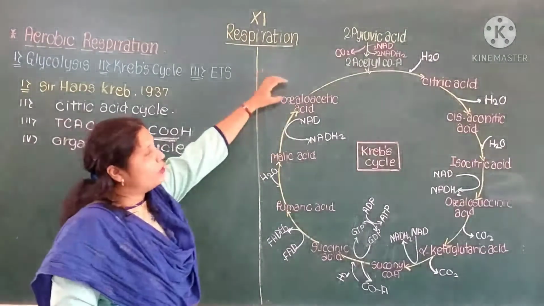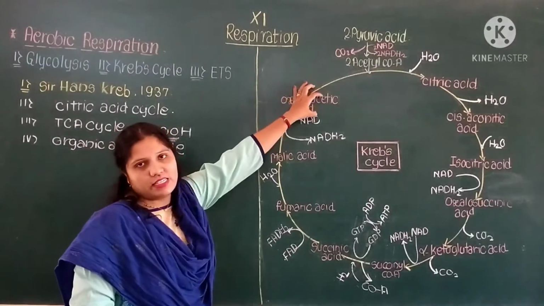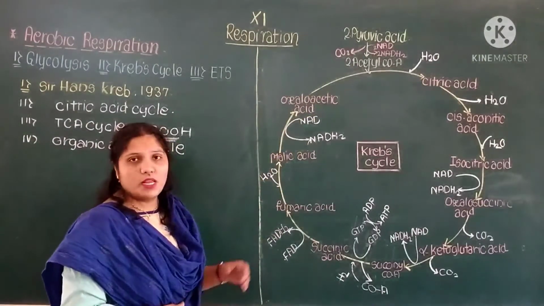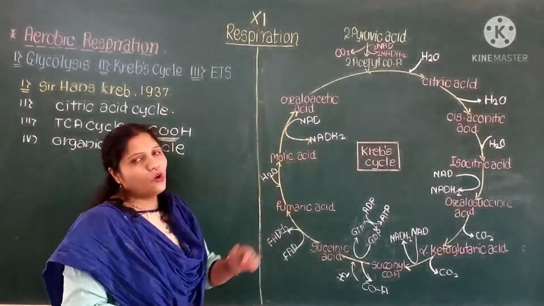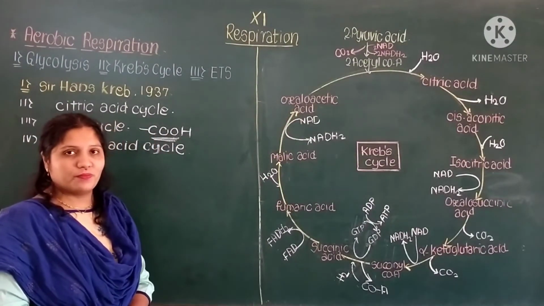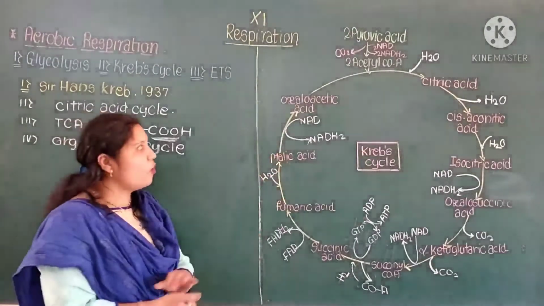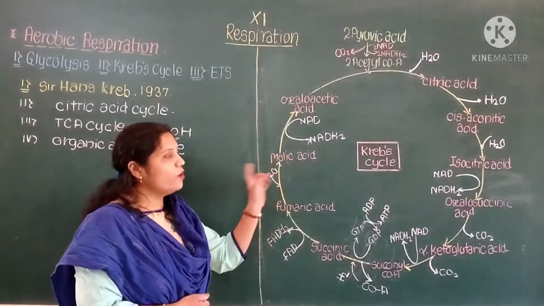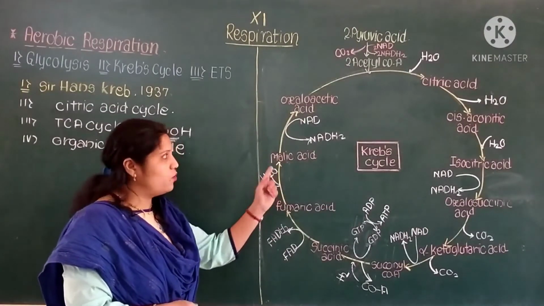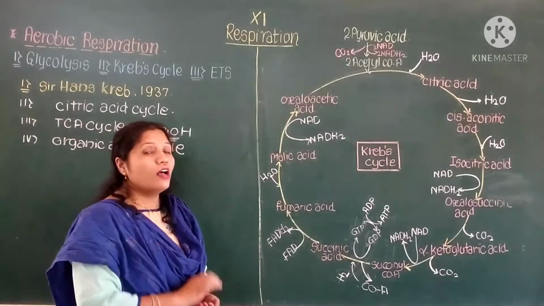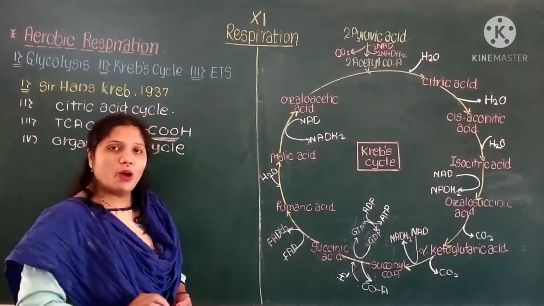Then this malic acid gets converted into oxaloacetic acid. The reaction which takes place here is an oxidation reaction, and the enzyme required is malate dehydrogenase. Dehydrogenase means the hydrogen molecule gets removed.